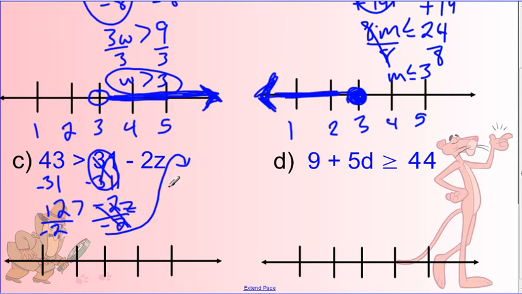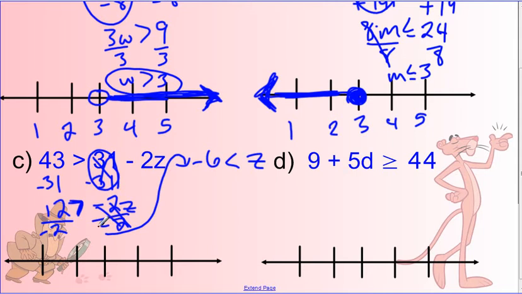So this is going to be my z still over here. This is going to be a negative 6. But this inequality has to change. So it goes from a greater than to a less than because I divided by a negative 2.